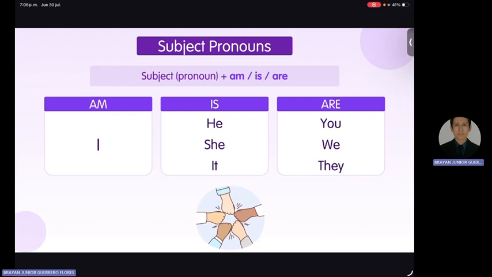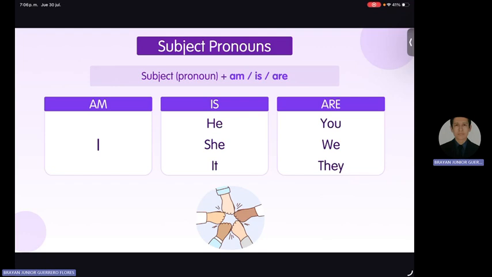Okay? But first, before you learn the verb to be, you have to learn the subject pronouns. For example, if you want to use am, you have to use I. For example, I am Brian.